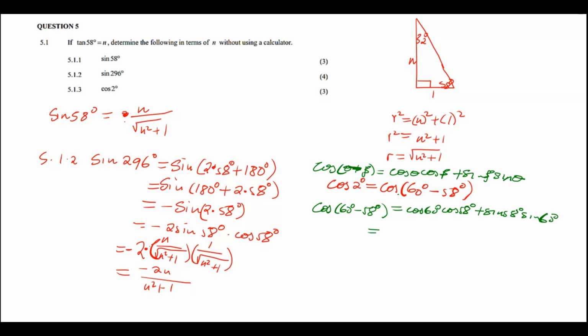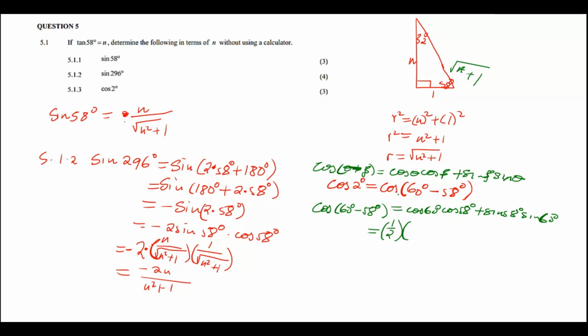So now let's proceed in solving the problem. What is cos 60 degrees? Cos 60 degrees, according to the special angles, is the same as half. You'll say half multiplied by cos 58 degrees. Cos 58 degrees according to the diagram, remember this one was a root of n squared plus 1.